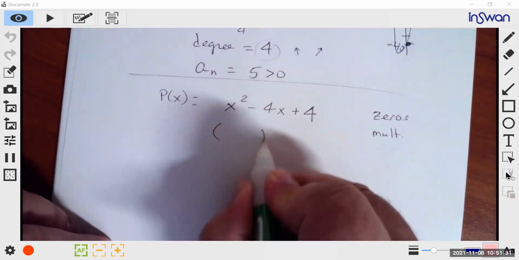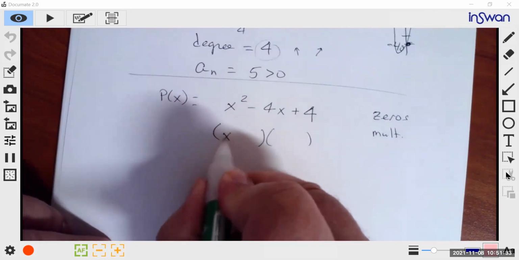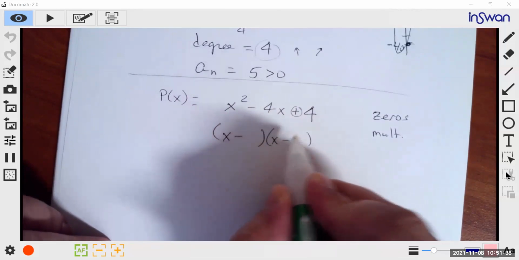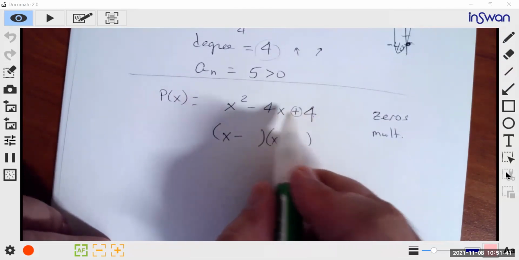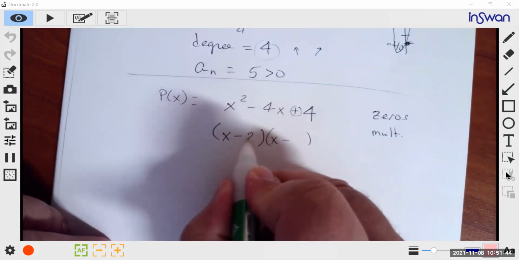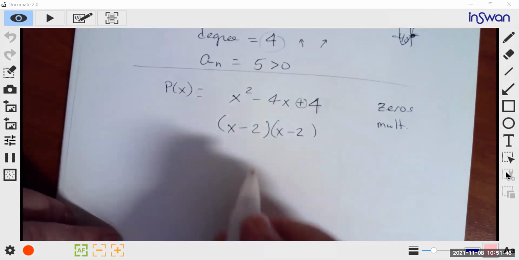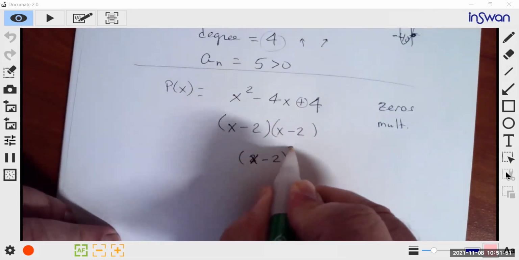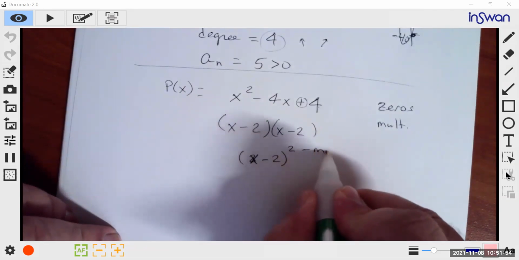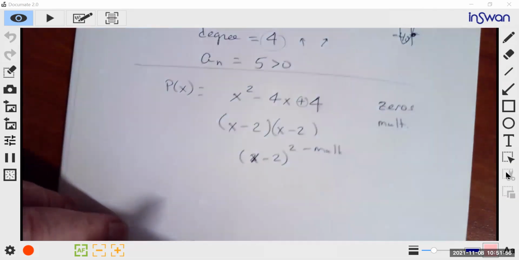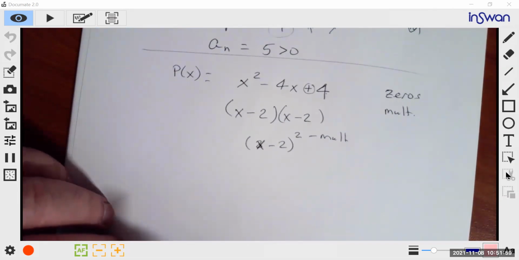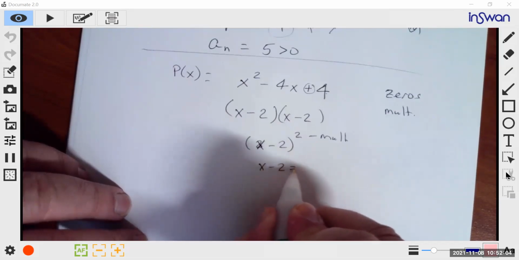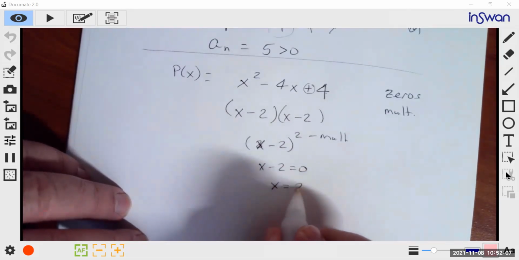So if we factor it, what do we get? Excellent. So it says they're both the same signs, they're both minus. What times what is 4 when you add them, you get 4? 2. So since there's 2 of them, our multiplicity is 2. Our zero is at 2.